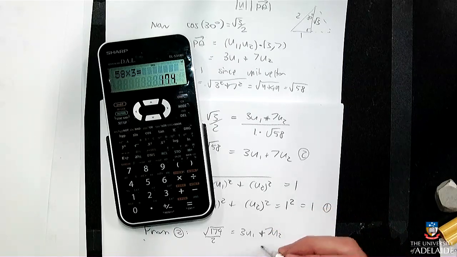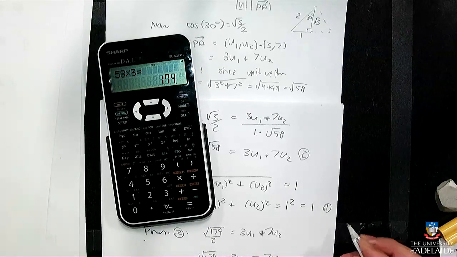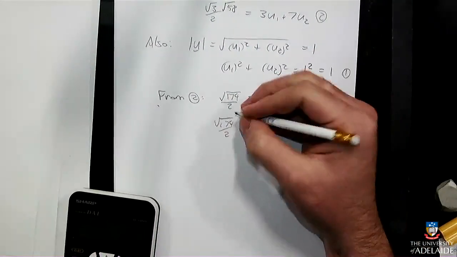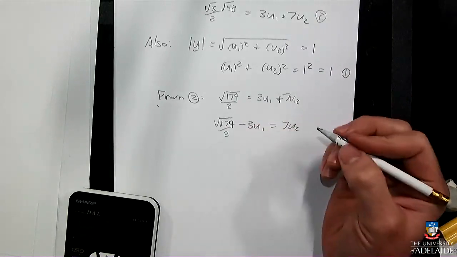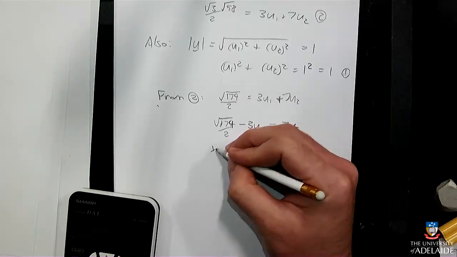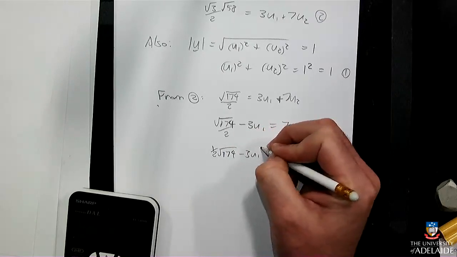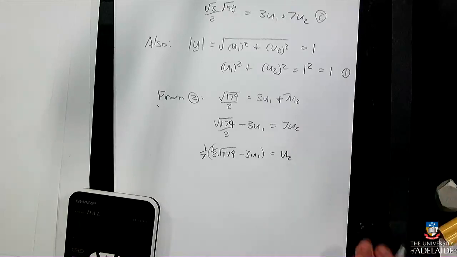So root 174 on 2 minus 3u1 is 7u2. Okay, oops, sorry, off the screen. Just going to write it like this. If we do a seventh of that, that's what u2 is.